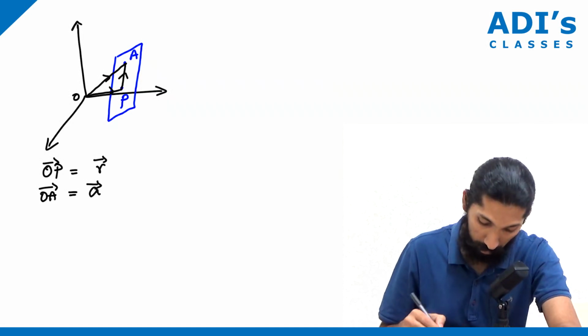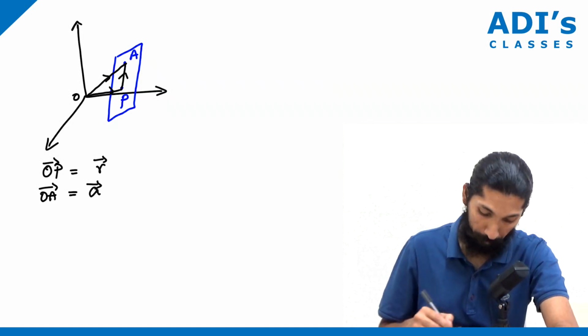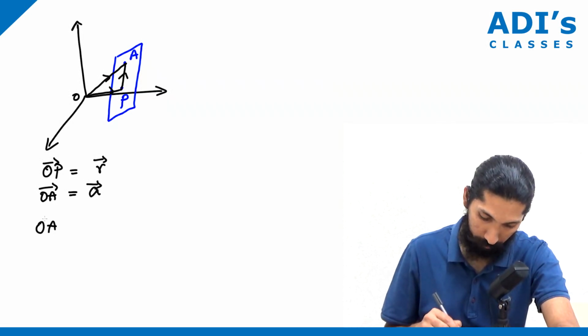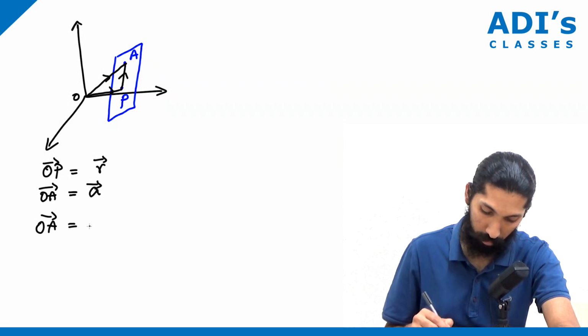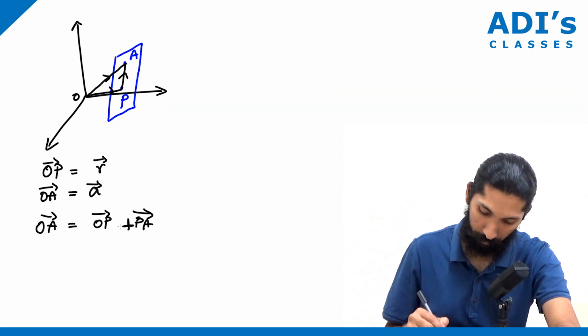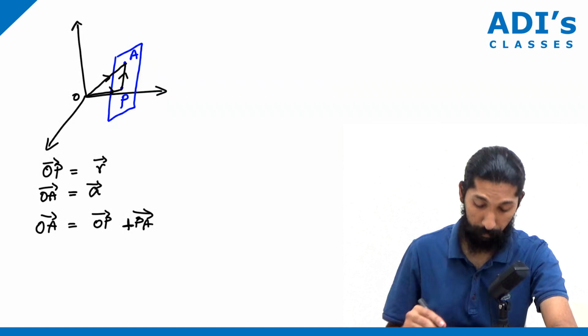By triangle law, we can write OA is equal to OP plus PA. What is PA now?